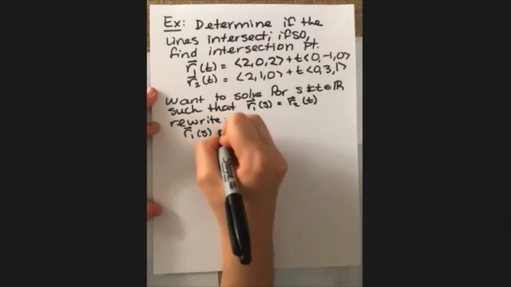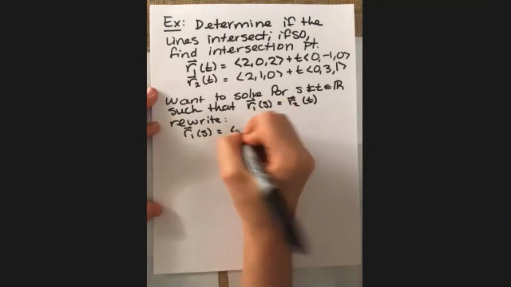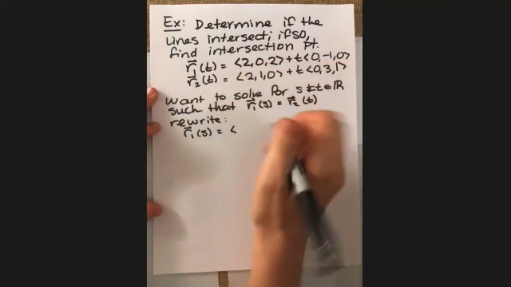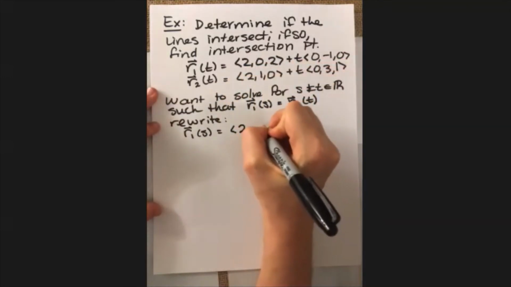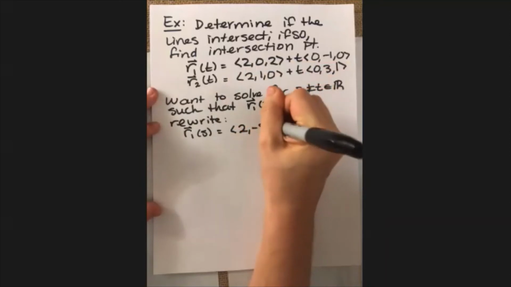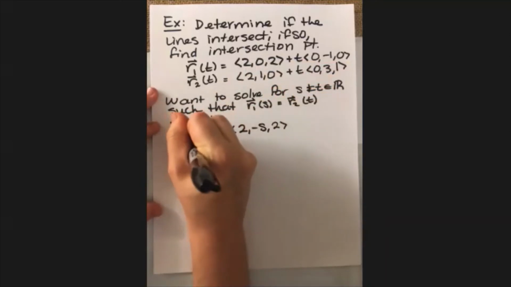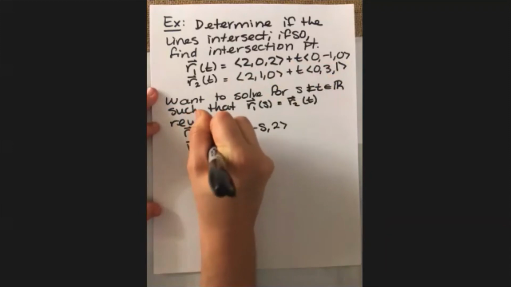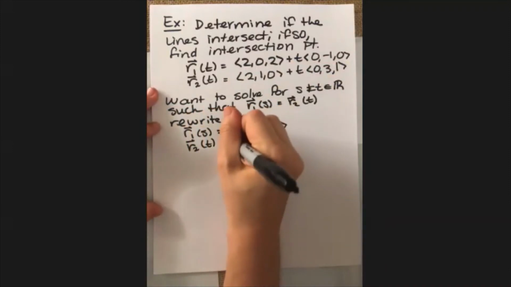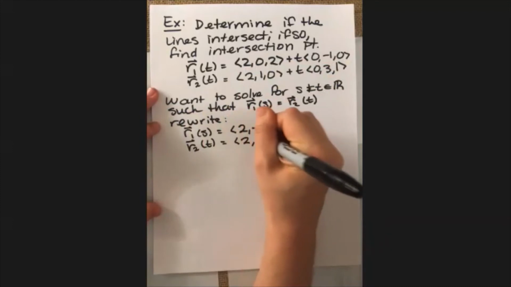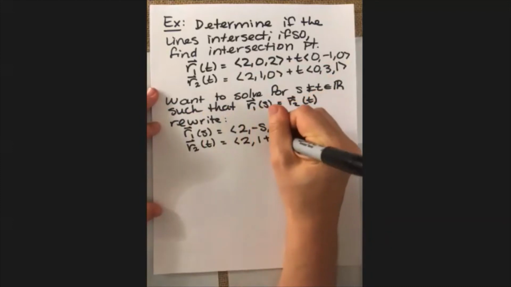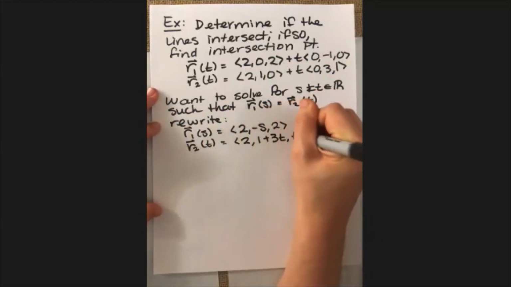I'm going to go ahead and replace t with s in our first case. The way I'm going to rewrite them is just by adding those two pieces together. So I'm going to get (2, negative s, 2), and then R2, we can just leave the t there. That's going to become (2, 1 plus 3t, t).